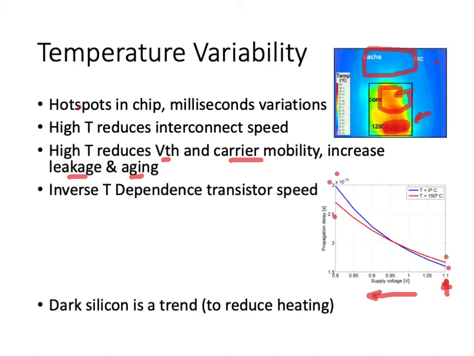Remember, the driving current is what determines the propagation delay, the speed of switching of the gate. So at high supply voltages, the temperature effect on VTH is not significant enough, and it's the reduction in carrier mobility that dominates. That's why at high supply voltages, a higher temperature leads to reduced speed, or an increased delay in transistor switching.